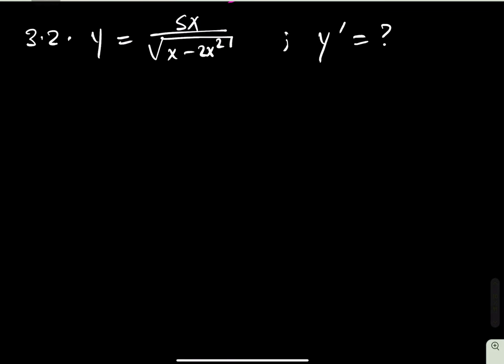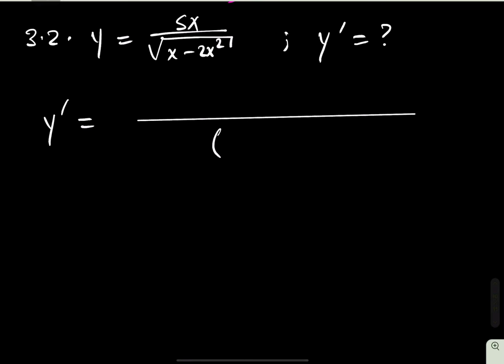Let's find it. This is really easy. We'll say y prime is equal to, we're going to use the quotient rule, as per the guideline. We're going to square the denominator, and then derive 5x, so it's going to give us 5.